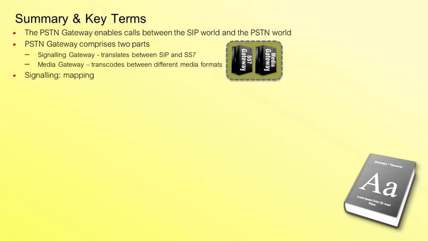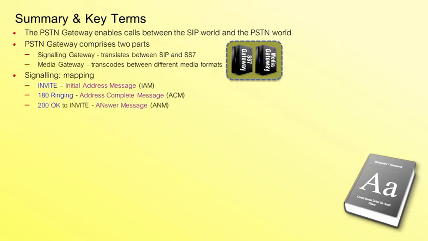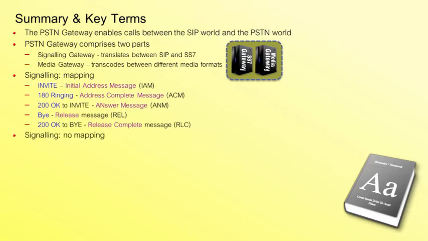There's a workable equivalence between SIP and SS7. The INVITE maps to the initial address message, the 180 Ringing to the address complete message, the 200 to the INVITE maps to the answer message, the BYE to the release message, and the 200 OK to the BYE to the release complete message. But there's no mapping for some SIP messages, including the 100 Trying or the ACK.